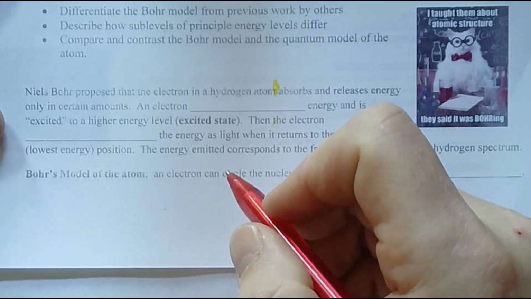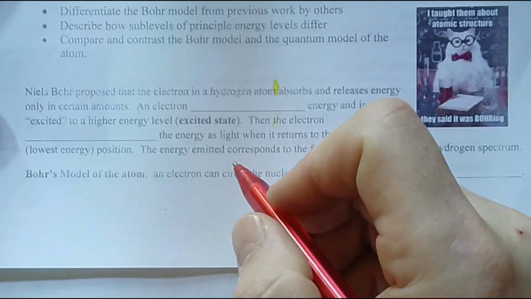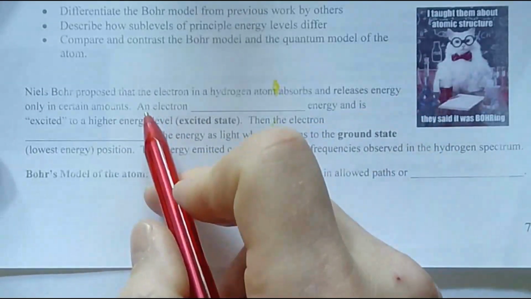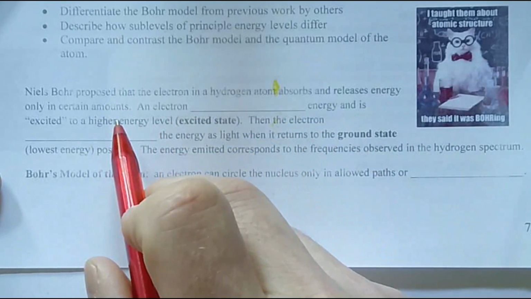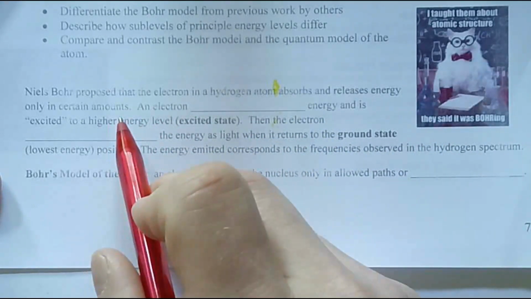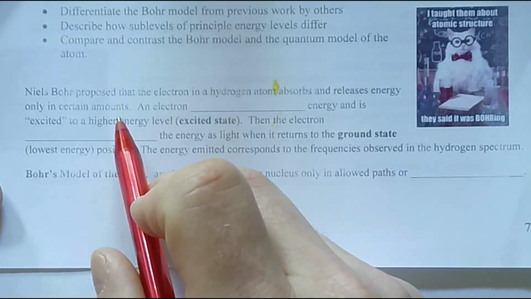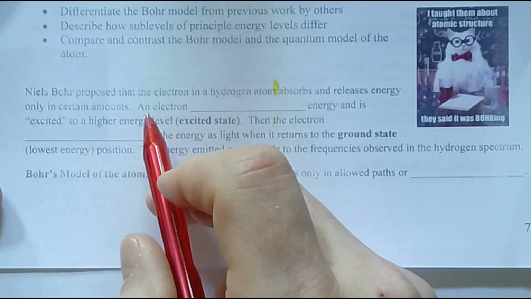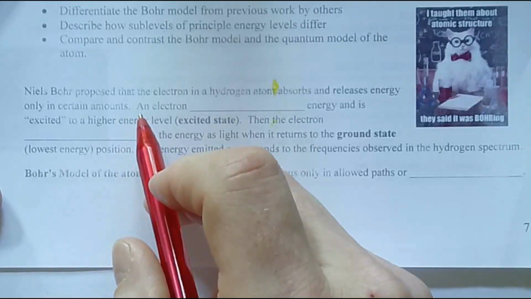Because remember, that's not a chemical change. That's a physical change. The iron has absorbed energy and is now glowing. So what was puzzling to scientists is what is going on in the atom that is allowing this energy, this light, to be released.